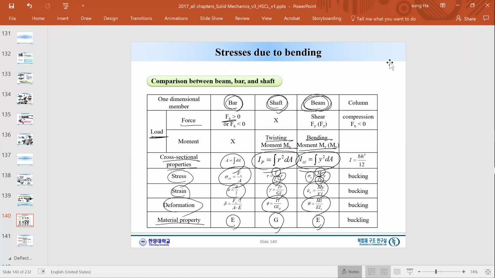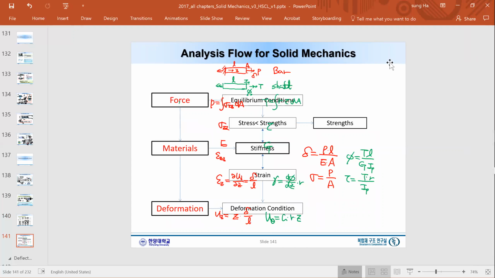So we can summarize here, and this is a flow chart for the bar. For the bar, this red color shows the bar, and this green shows the shaft.